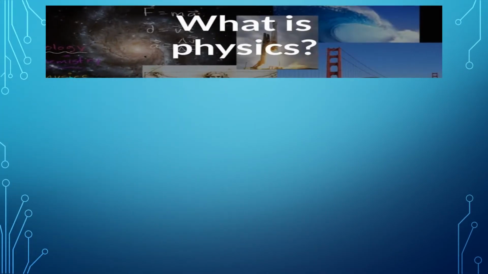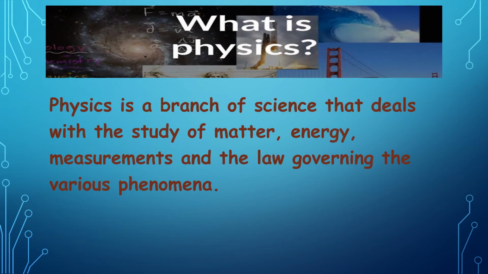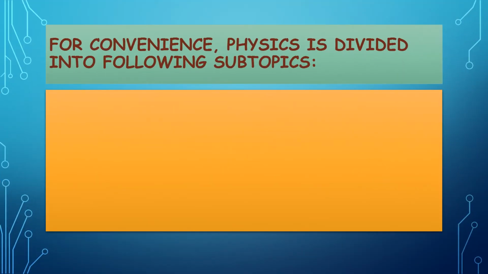What is physics? Physics is a branch of science that deals with the study of matter, energy, measurements, and the laws governing the various phenomena. For convenience, physics is divided into following subtopics. First, mechanics. Second, sound.